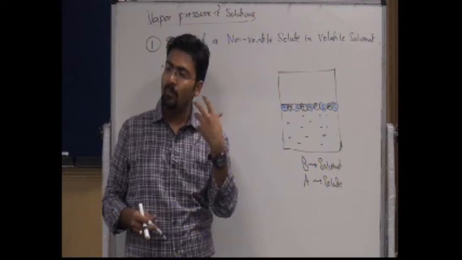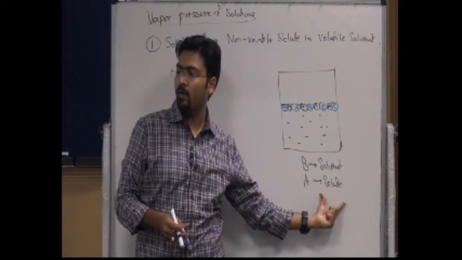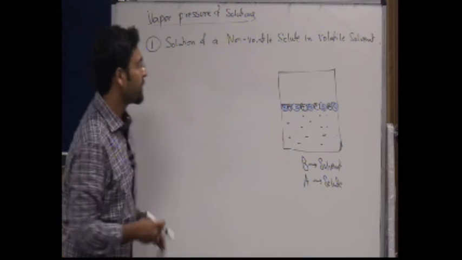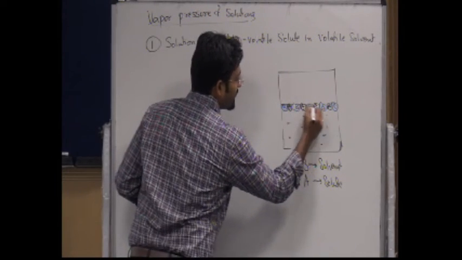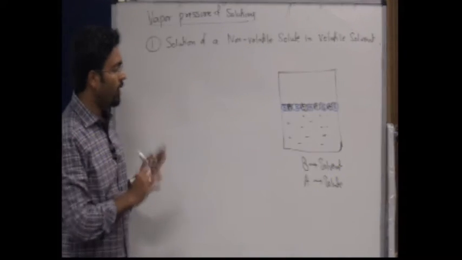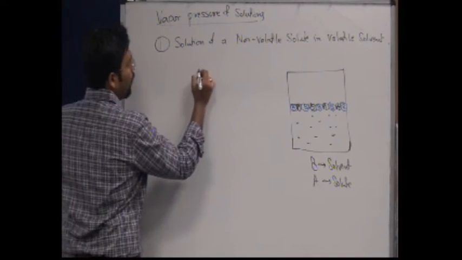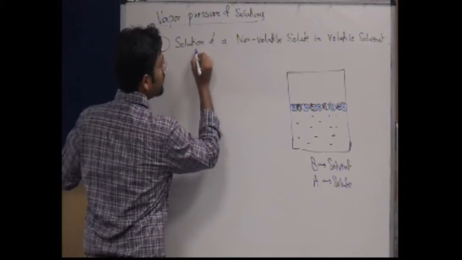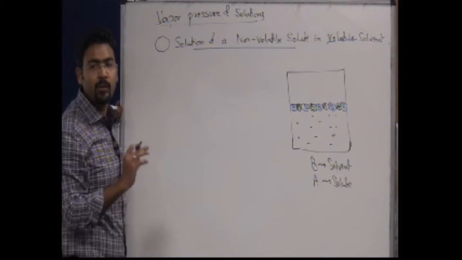Then what is the amount which has changed on dissolving, in relation with the amount of A dissolved, right? So if I just quickly look at the scenario here, what we found experimentally is that on dissolving a non-volatile solute in a volatile solvent, the vapor pressure of the liquid decreases.